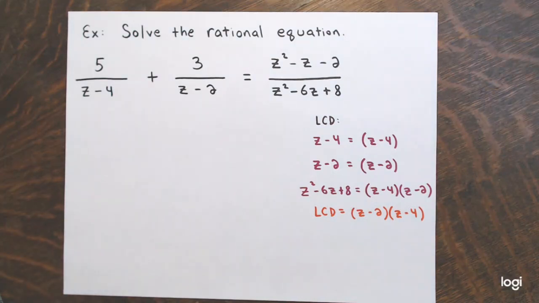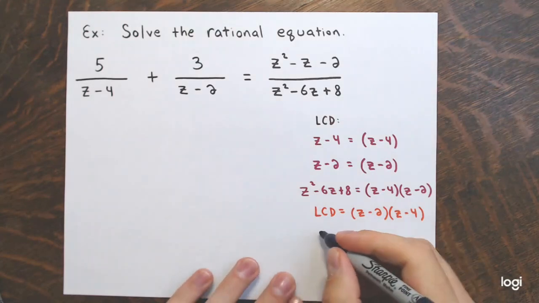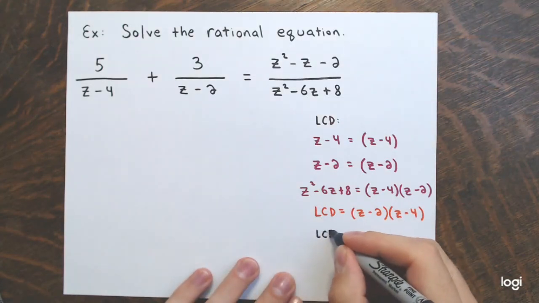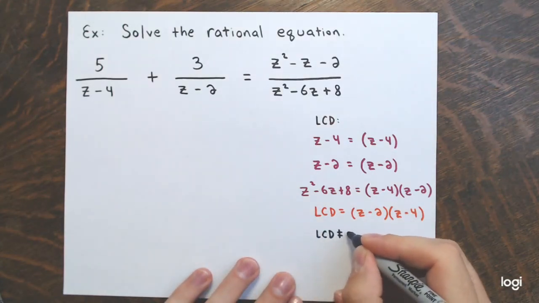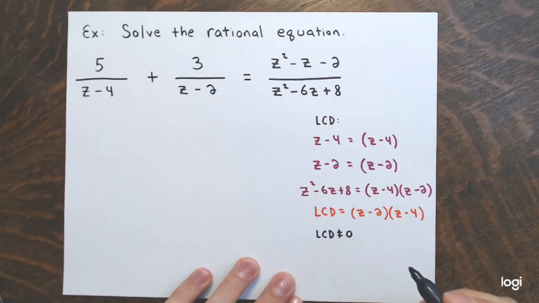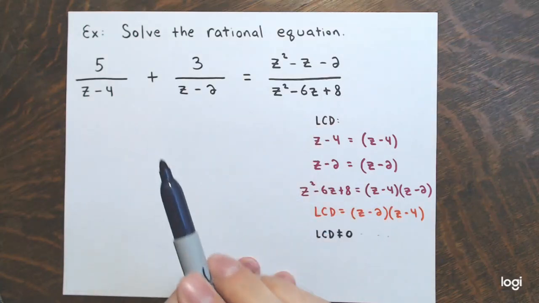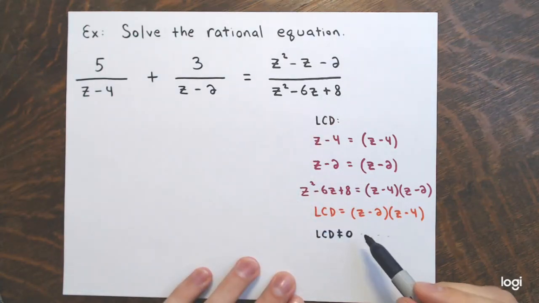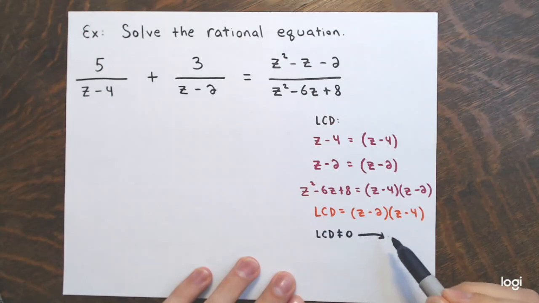Great. Then after that we were going to multiply both sides by the LCD. So I don't want the LCD to take on a value of 0. The value of the least common denominator better not be 0. It's made up of factors of other denominators, right? Remember, denominators can't be 0. Can't divide by 0, that's an undefined operation.